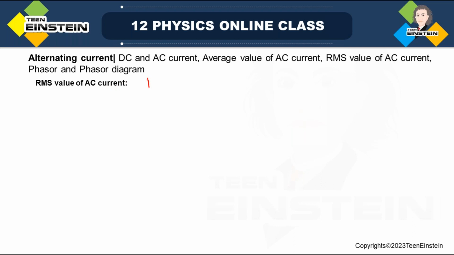RMS means root mean square value of an AC signal. Signal here means either voltage or current. So what is this RMS value?